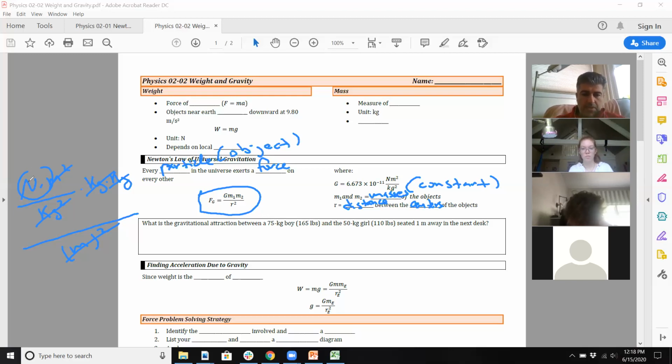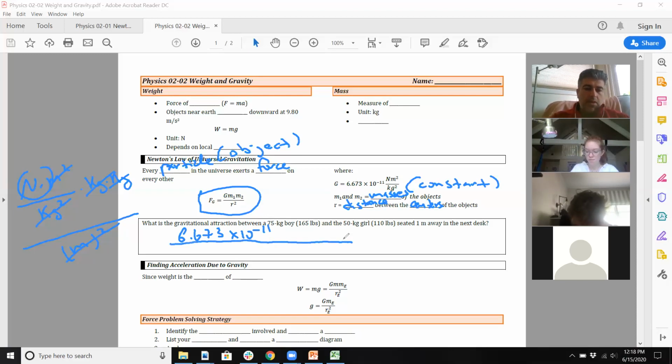So there's a 75 kilogram boy and a 50 kilogram girl. They're standing 1 meter away from each other. There's still a gravitational force between them. It's very, very small, but you would just do this: 6.673 times 10 to the negative 11 power, over 1 meter, so 1 squared, times 75 times 50.